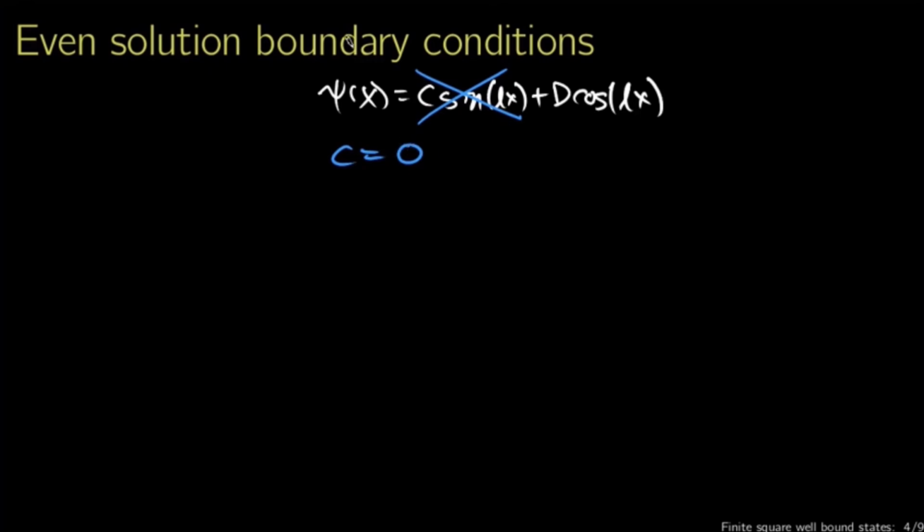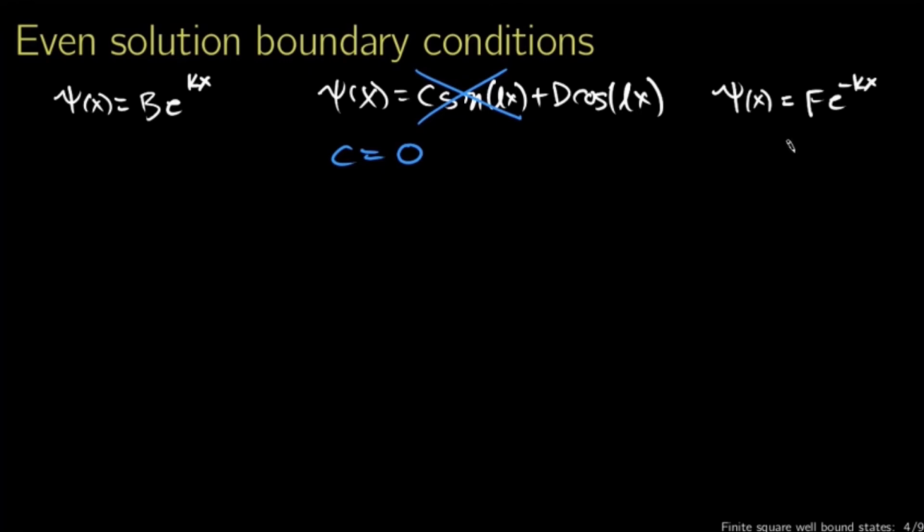The second thing we know was that our solution on the left, the region for x less than minus a, psi of x was equal to b e to the kx. Whereas on our right-hand side, for x greater than a, we knew our solution psi of x was equal to f e to the minus kx.